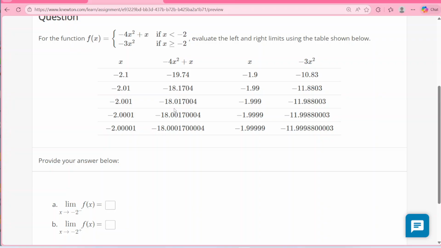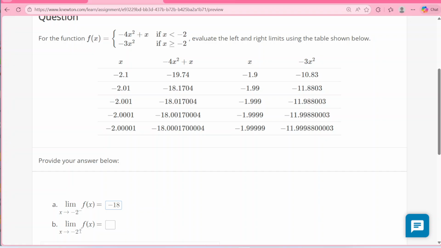We're getting closer and closer and closer to having an output of -18. So I'm going to say that this left side limit is -18. Now I'll go to a graph after this too. I'll show you how to graph piecewise defined functions in Desmos.